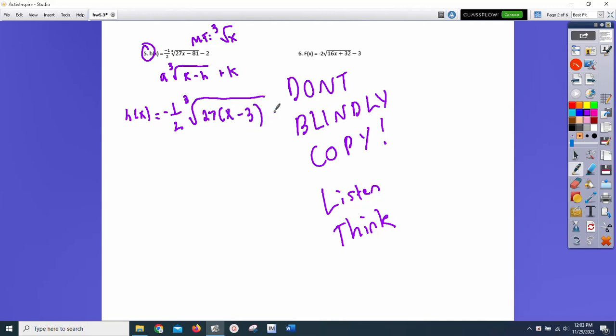And then I have this minus 2 floating around. Now, I know, and you should also know as well, that the cubic root of 27 is 3. 3 cubed is 27. So we're just going to move that out front. We've already got a 1 here. We're just going to multiply that by a 3.